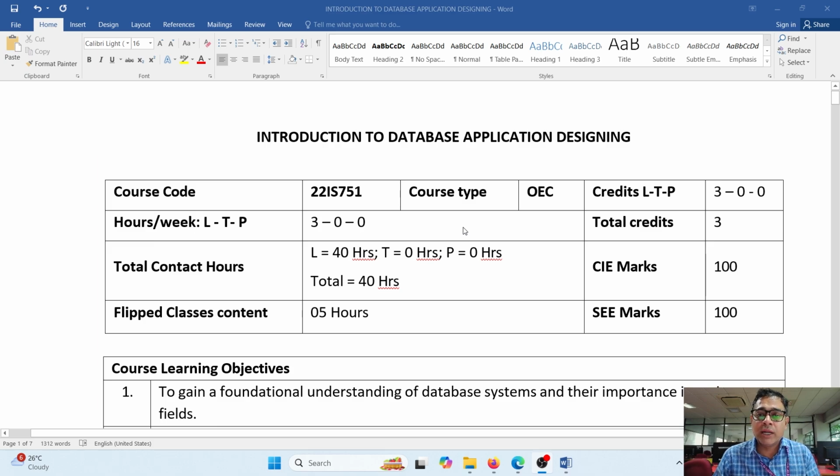This is the open elective offered by Department of Information Science and Engineering. The subject mainly deals with database application designing. And this is a 3-credit course with 40 hours of teaching content.